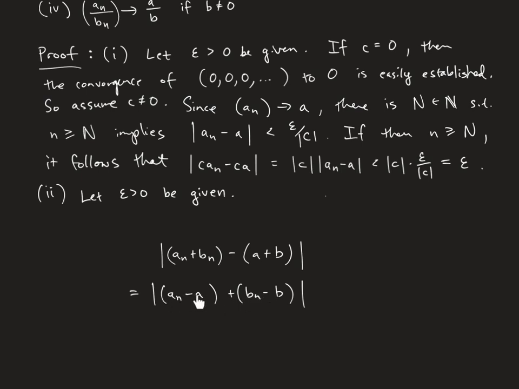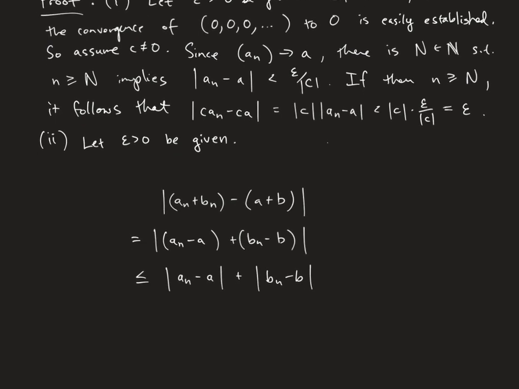What we have control of is each of these things in absolute value by itself, right? So straightforwardly here, what we're going to use is the triangle inequality. So get used to using the triangle inequality. So the sum of these two things is less than or equal to the sum of their individual absolute values. So it's less than or equal to that.